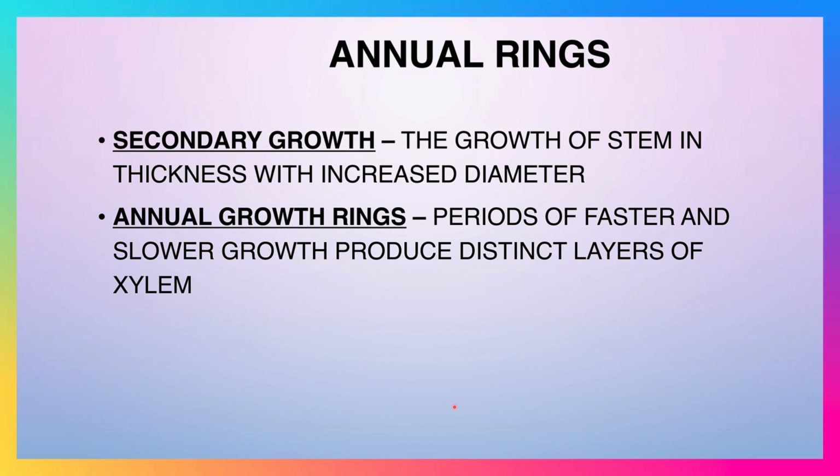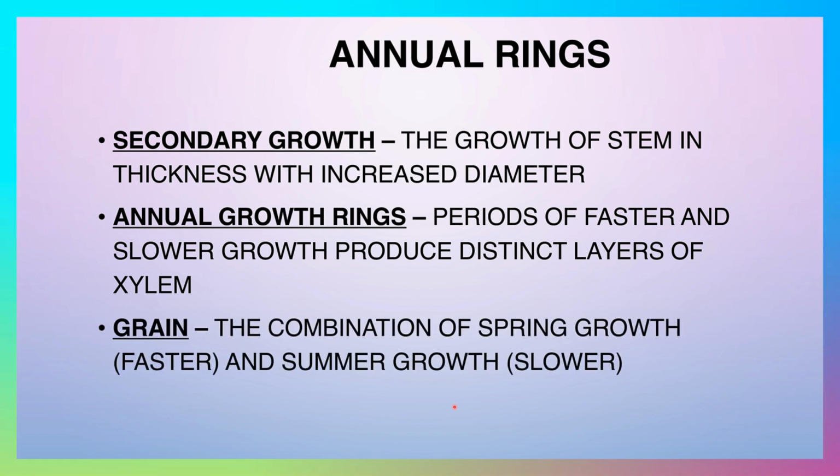The faster growth is generally in the spring, the slower growth in the summer and fall, dormancy during the winter, and so the faster growth is generally a lighter color, the slower growth is a darker color, and results in rings, and you can count the rings and tell how old the tree or other plant is. The grain is the combination of spring growth, which is faster, as I said before, and summer growth, which is slower.